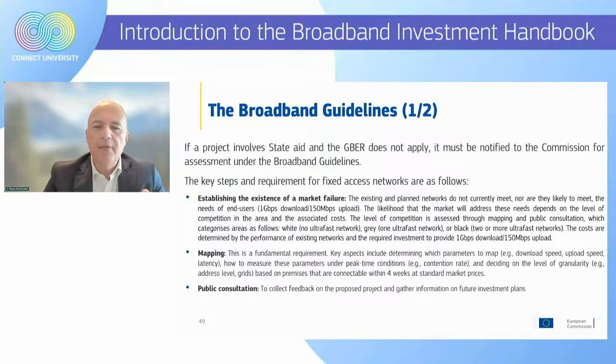Now, the level of competition is assessed through mapping and public consultation, which categorize the area as white, where there is no ultra-fast network, meaning no network providing more than 100 megabit, gray, when there is only one network providing this speed, or black when there are 2 or more networks providing more than 100 megabit.